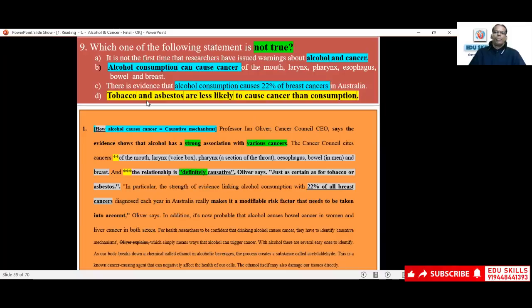And tobacco and asbestos are less likely to cause cancer than consumption. If you remember, in my session on elimination method, I told you if some particular sentence in the answer option is grammatically not correct, that's going to be the answer. When you don't find the answer, I gave you one elimination method.